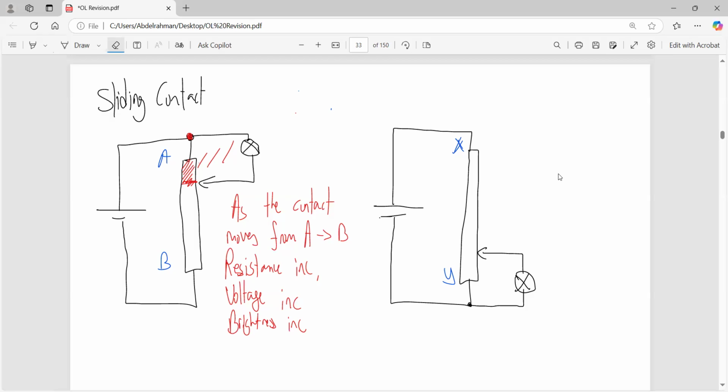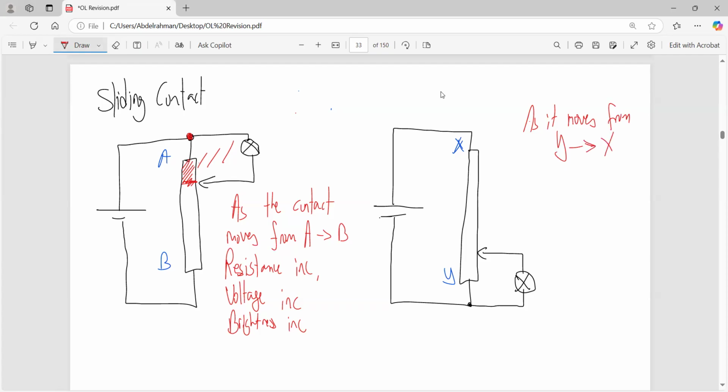What happens to current as the resistance increases? You can say that the current decreases or whatever, but in this question, he will not ask you about the current. What about in the other case, in the other lamp? As the contact moves upwards, as it moves from Y to X, the same happens.